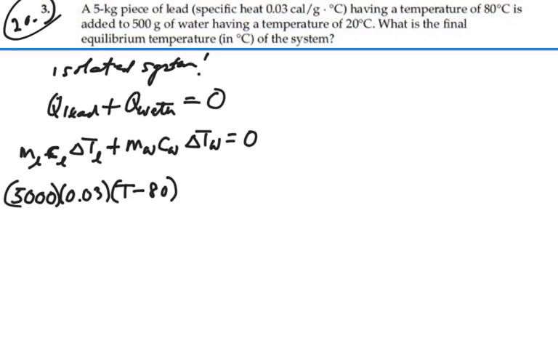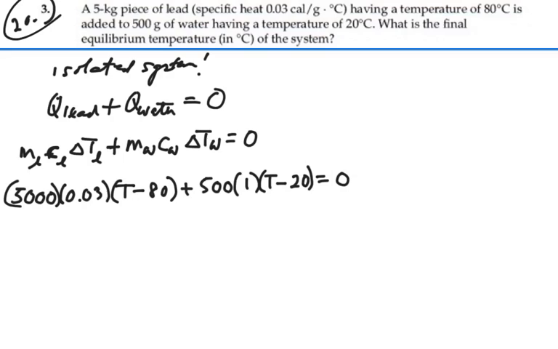The difference will be in degrees Celsius, plus the mass of the water, 500 grams, times the specific heat of water, 1, times the final temperature minus the initial temperature of the water, which was 20 degrees. All this should equal 0. So we're going to find the final equilibrium temperature based on this.